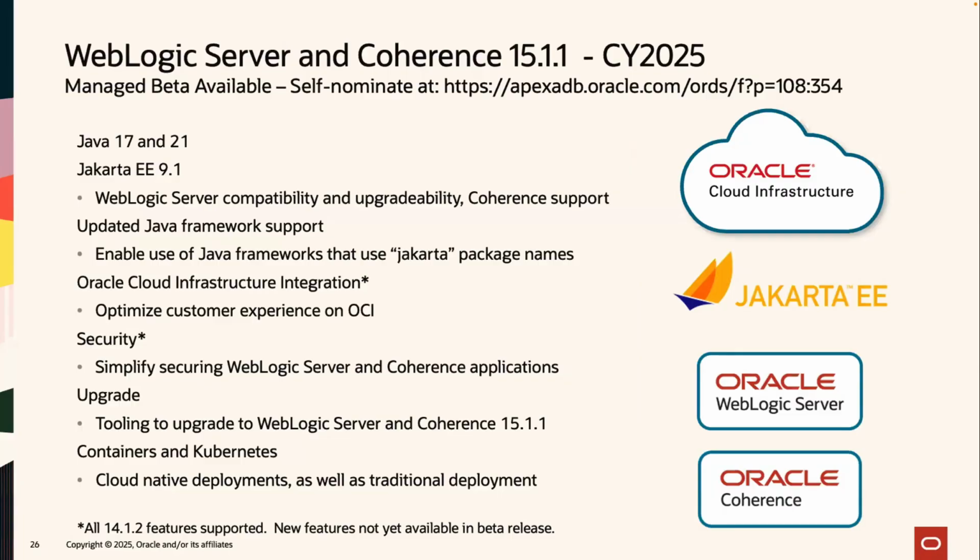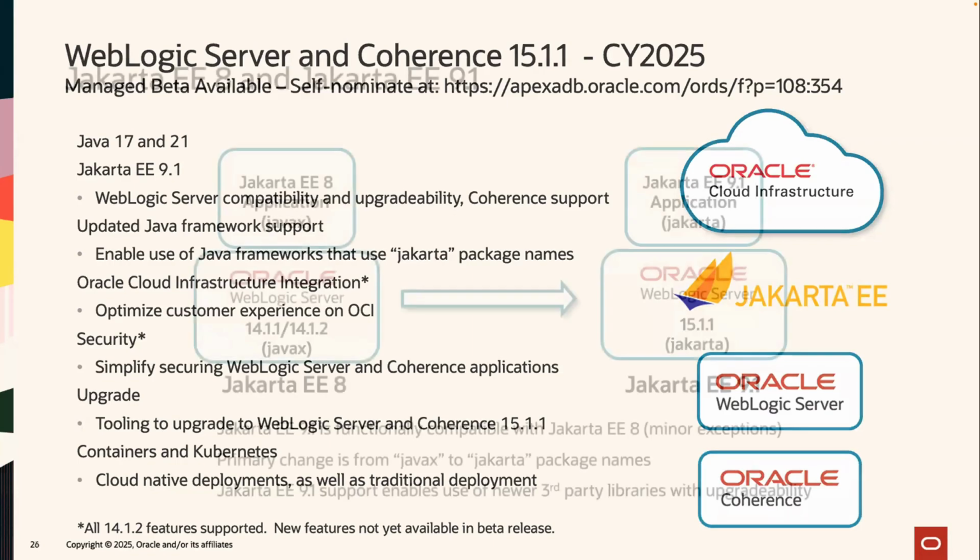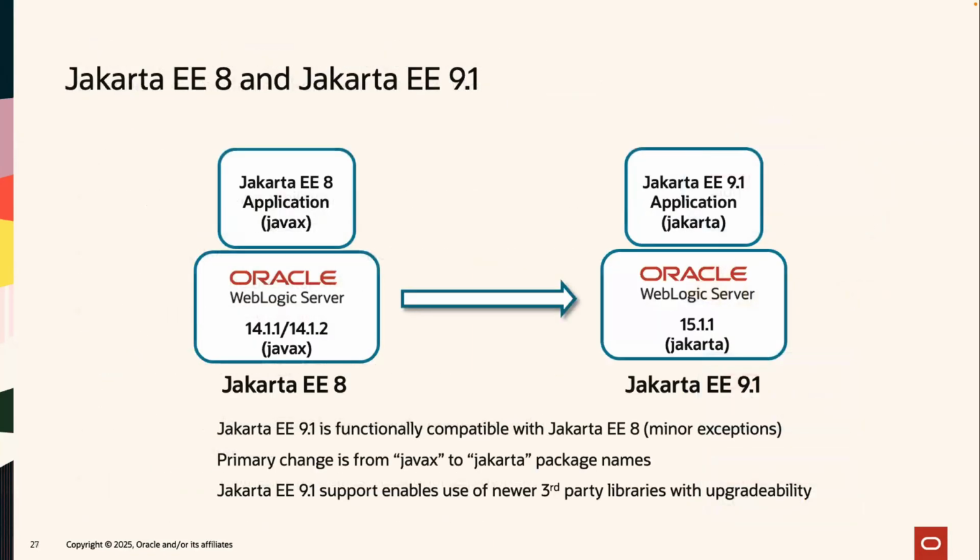The most significant new feature in WebLogic 15.1.1 is Jakarta 9.1 support, which enables you to use updated Java framework support. So I'm going to jump right to the next set of slides and explain this a bit. So let's talk about Jakarta 8 and Jakarta 9.1.